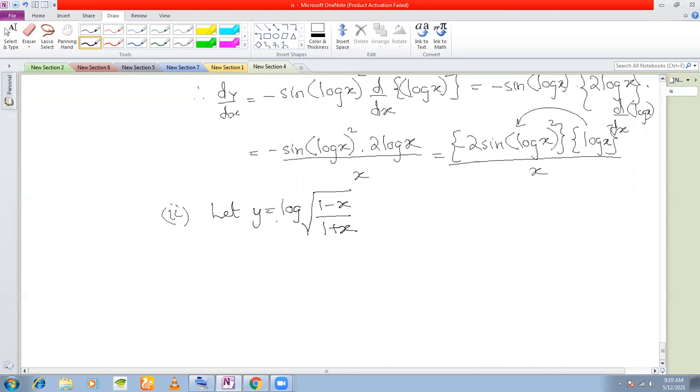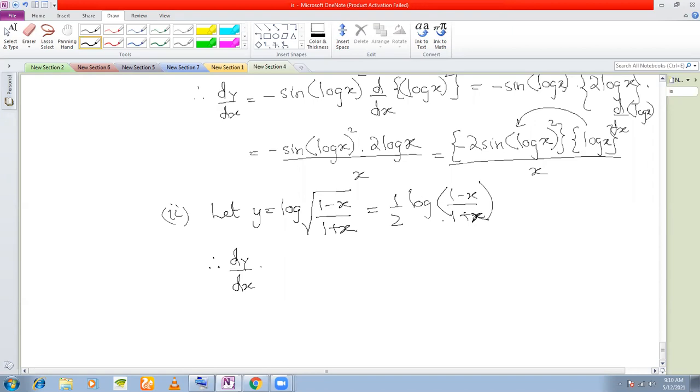Yes, it will be easier to differentiate directly. So let's differentiate directly. dy/dx is equal to, but before that, just remember one thing, that log root x can also be written as half log of (1 minus x by 1 plus x). Is this okay with you? Yes, sir. It can be written.